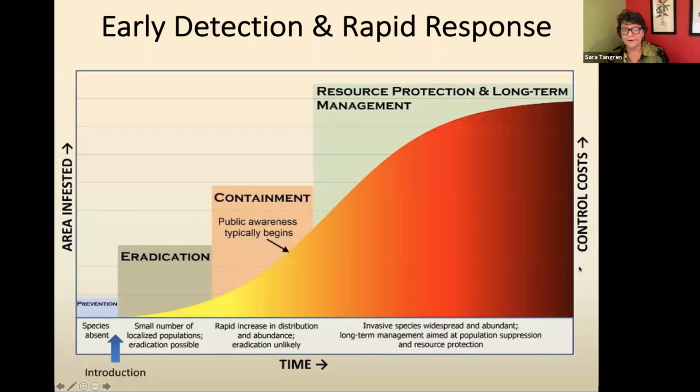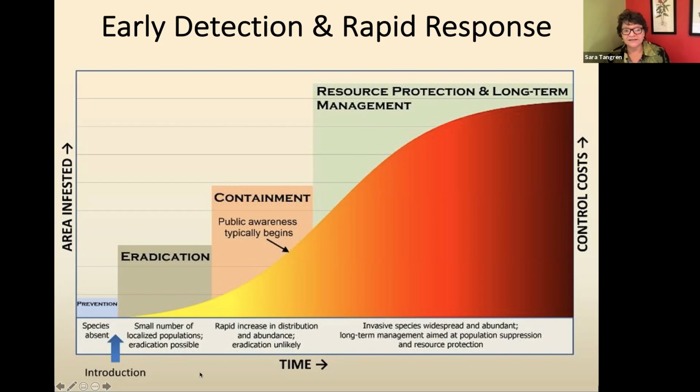And then we have a parallel y-axis, which is control costs. So obviously, the bigger the infestation gets, the more it costs to control. The control costs are expressed by these bars. This is a bar graph in the background. All right, so as the area increases, the cost of control increases.